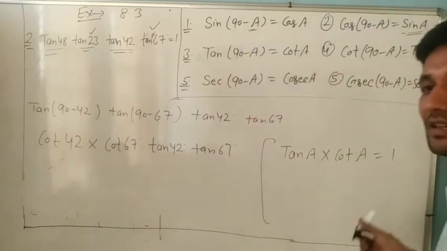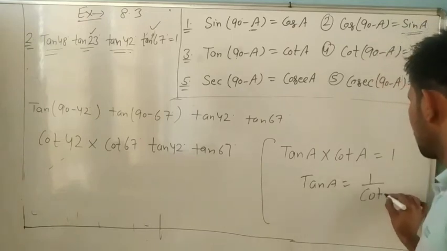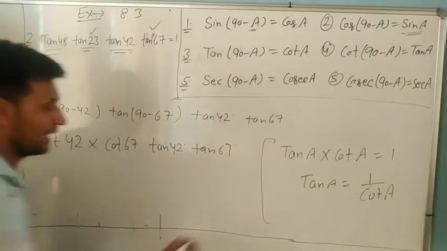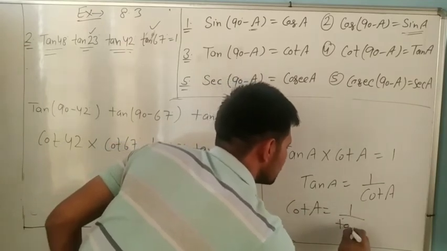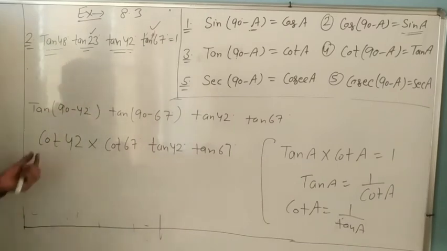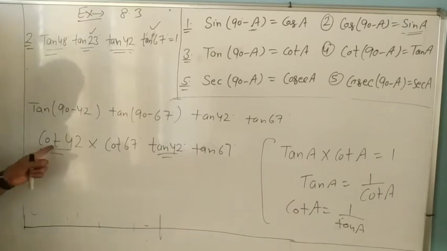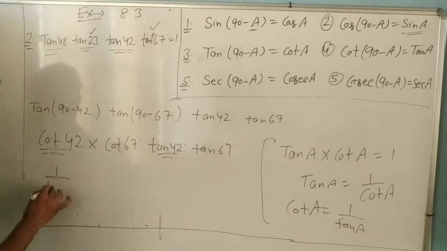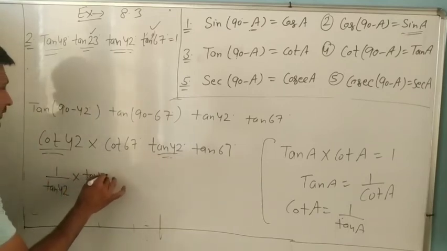Tan A is always the opposite of cot A. Do you know? So you can change by this formula. Cot is the opposite of tan, or not? So you can change either in cot, this one and this one, or either in tan. So what can I write? Cot 42. Can you write cot is the opposite of tan? So 1 upon tan 42. And here also multiply tan 42.